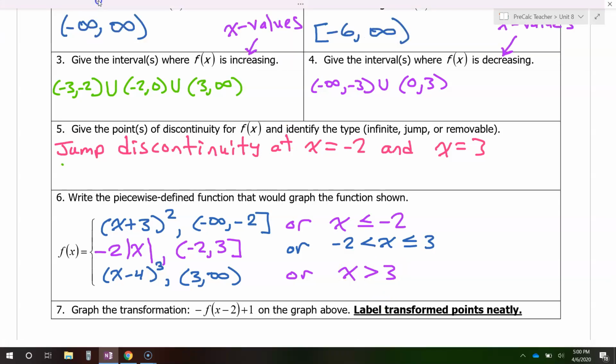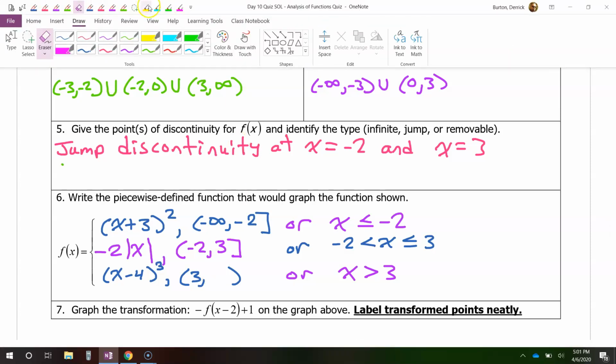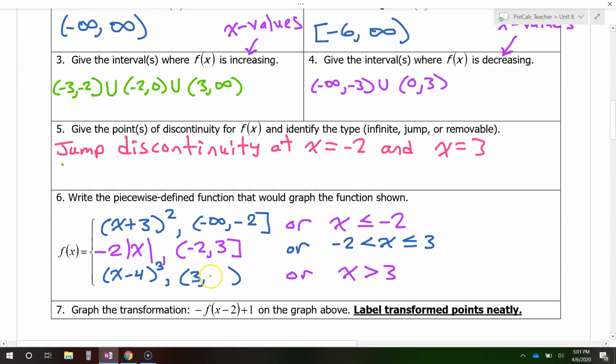Okay, and I'm noticing that my infinity looks a little bit like a negative infinity. That's going to bug me. Okay, so that is how you do it.